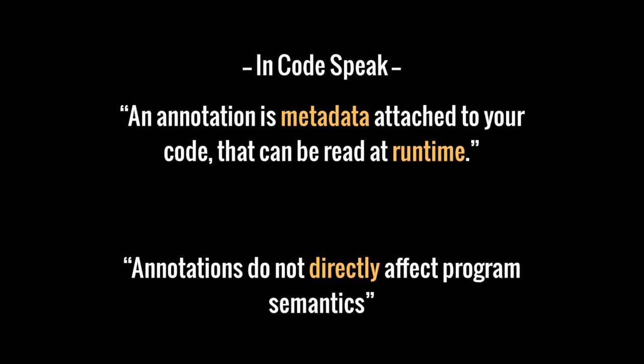So in code speak, an annotation is a bit of metadata that's attached to your code, but is accessible at runtime. And it's very important to make this very clear. The effects of annotations are observed at runtime. Right? So annotations is something that's meant for your code to be using while it's running, to be able to look back into the information and make some sort of decision.